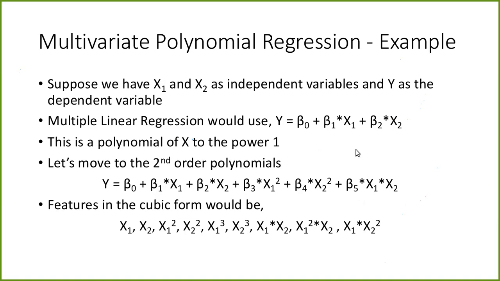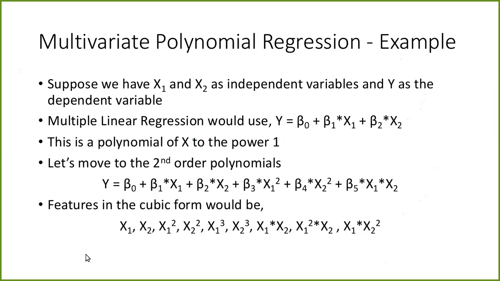Now see how many parameters are added when you increase the polynomial degree. If you add another degree, like when you go to the cubic form, I have just added the cubic form number of parameters, where you would have 1, 2, 3, 4, 5, 6, 7, 8, 9, 10.